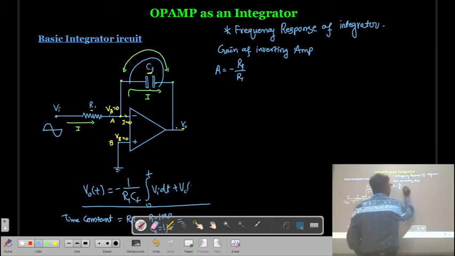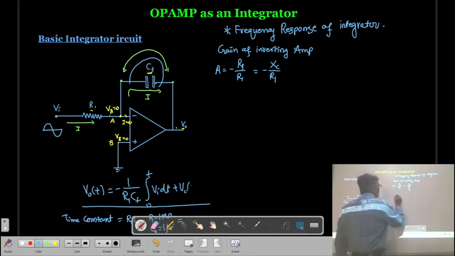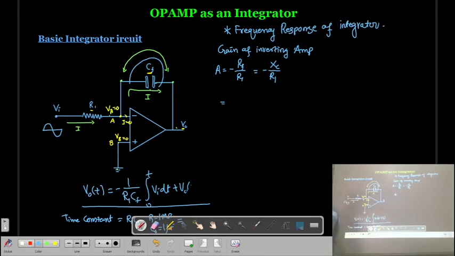Here, instead of this, we write minus Xc by R1, because in the feedback we have this capacitor. Xc is the reactance of the capacitor, and the reactance of the capacitor is represented as 1 upon j omega Cf. Correct?